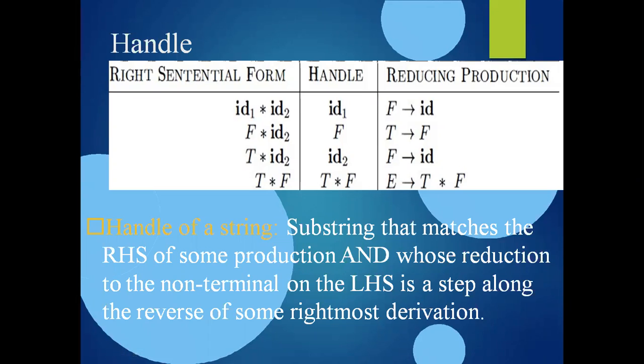A handle is a substring in the given string, a substring that matches the right side of a production, and we can reduce such a string by the non-terminal on the left-hand side of the production. The same context and working principle that I explained in bottom-up parsing we are applying here, just by reducing. But what is the difference between just learning the bottom-up parsing concept and learning this handle?